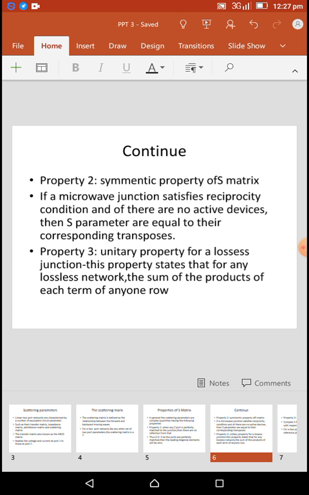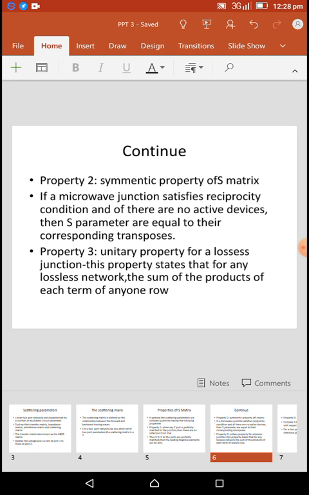If a microwave junction satisfies the reciprocity condition and if there are no active devices, then the S parameters are equal to their corresponding transposes. That is, Sij is equal to Sji.